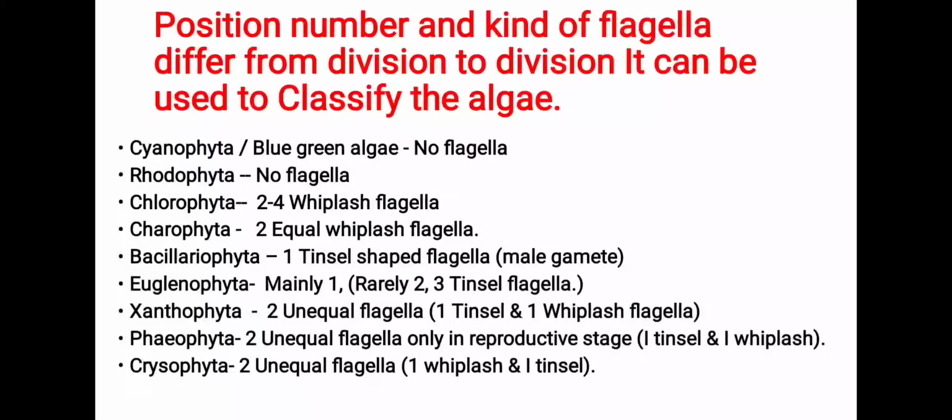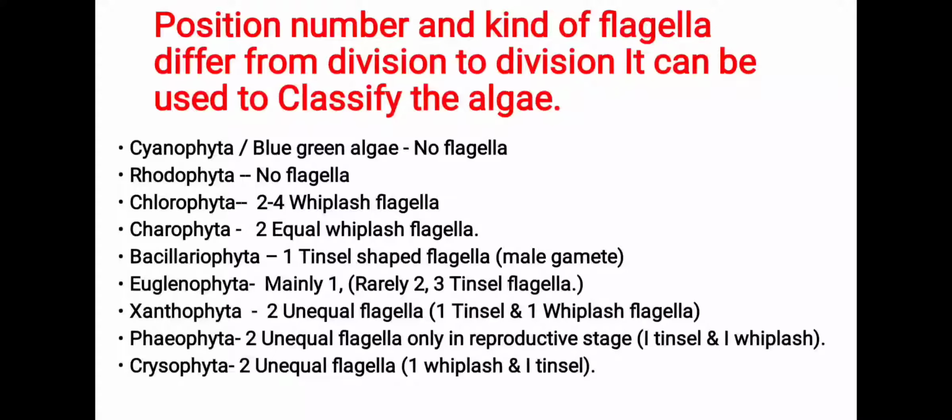Position, number and kind of flagella differ from division to division and it can be a base for classification of algae. And on the basis of presence or absence and number of flagella, algae can be divided into following groups.